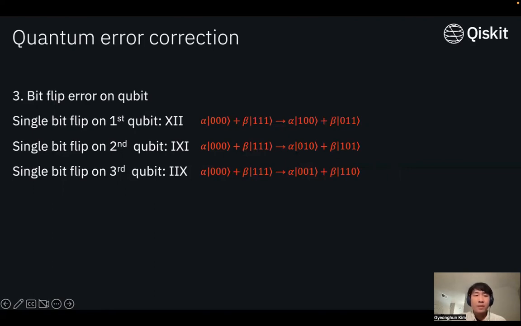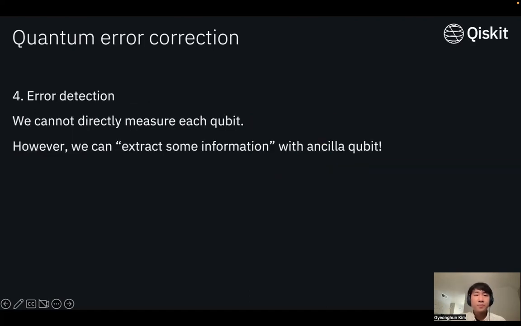In the same way, if we have a bit flip error on the second qubit, the error can be written as IXI, and the final state will be alpha 010 plus beta 101. And finally, if we have a bit flip error on the third qubit, then the error is the IIX gate, and the final state will be alpha 001 plus beta 110.